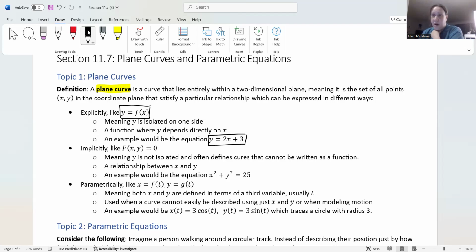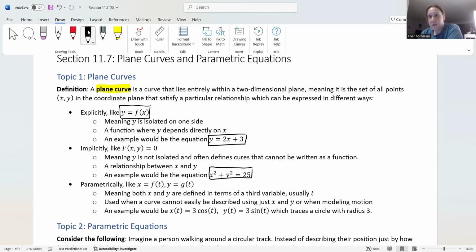We know that there is a relationship between x and y. An example would be a circle. A lot of times we write a circle in standard or general form, and notice we haven't solved for y. We have x squared plus y squared equals 25. This is a circle centered at the origin with a radius of 5.